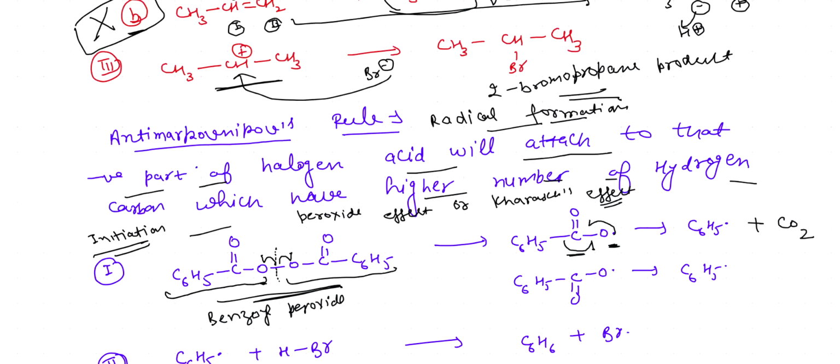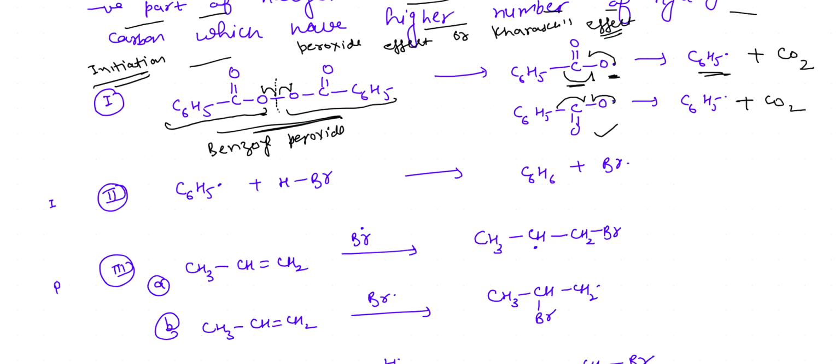Similarly, another molecule also forms a phenyl free radical with the release of carbon dioxide. Now this phenyl radical reacts with HBr, generating benzene and a bromine free radical. So initiation steps are those steps in which there is formation of free radicals.